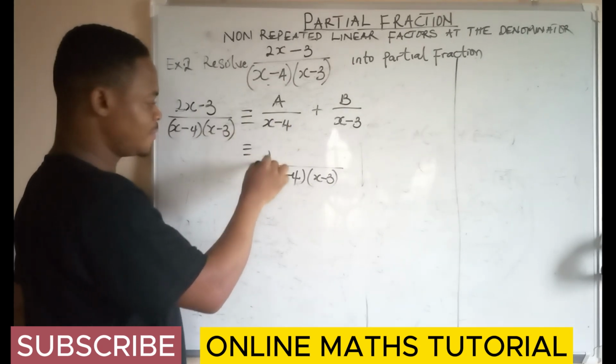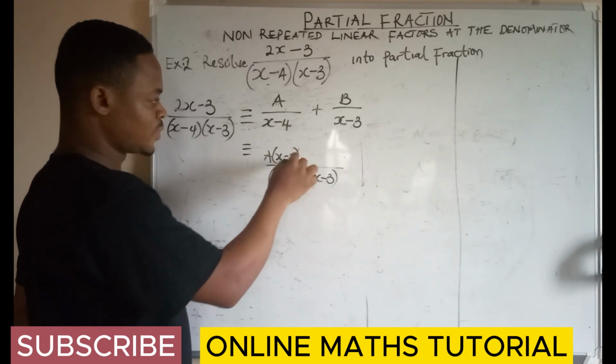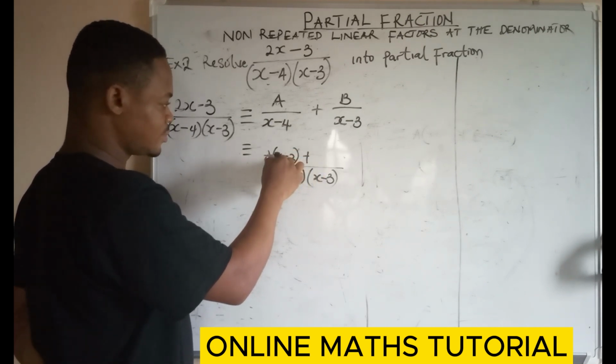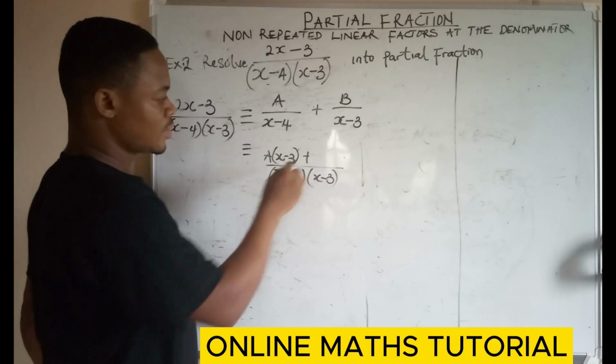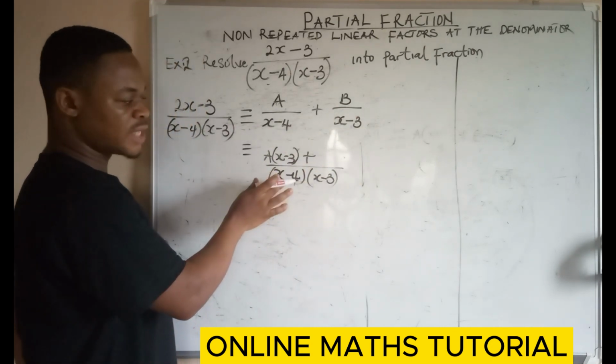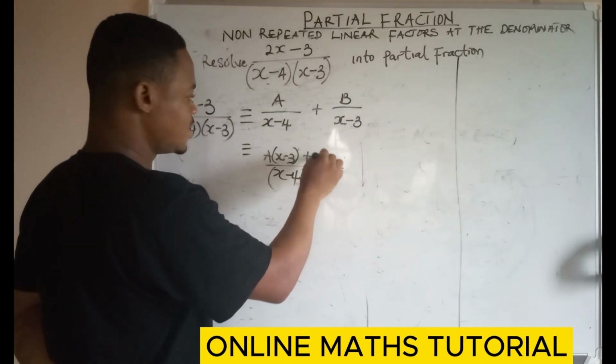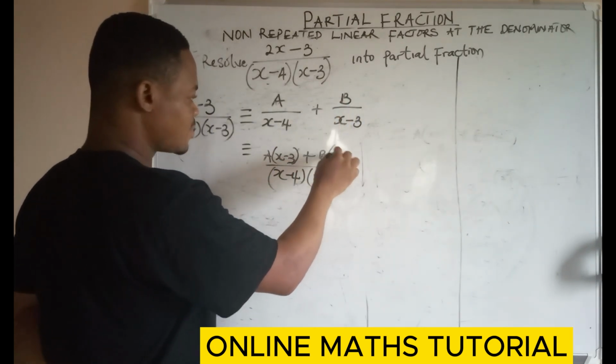So we have A into (x minus 3) plus, if x minus 3 divides here, we'll be left with x minus 4, and x minus 4 times the numerator, we have B into (x minus 4).